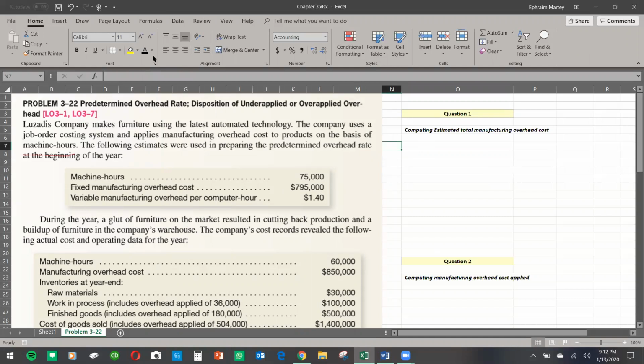What is the F here? F is the fixed cost. This is the fixed manufacturing overhead cost that the company incurs. How much was it? $795,000.